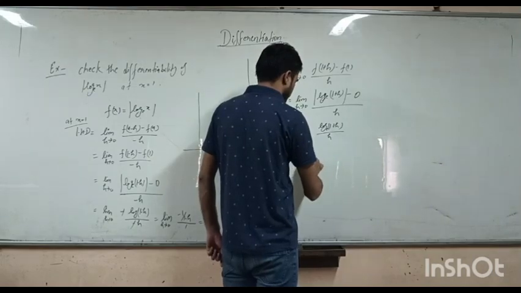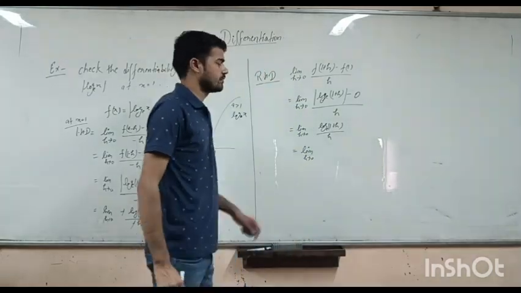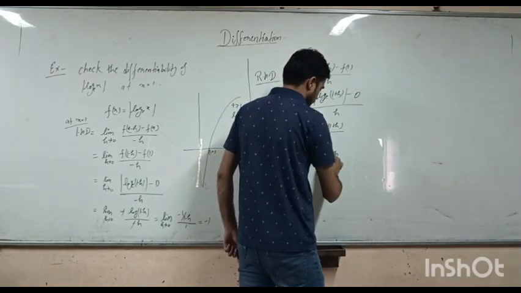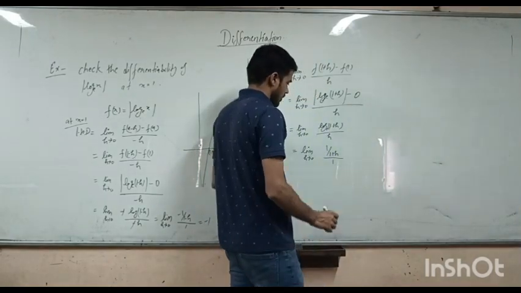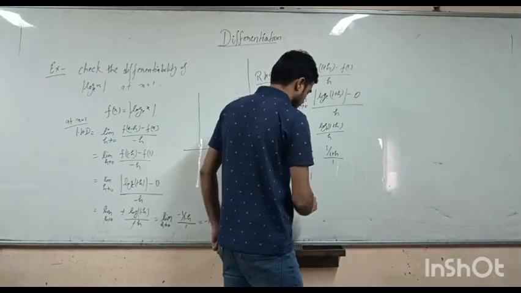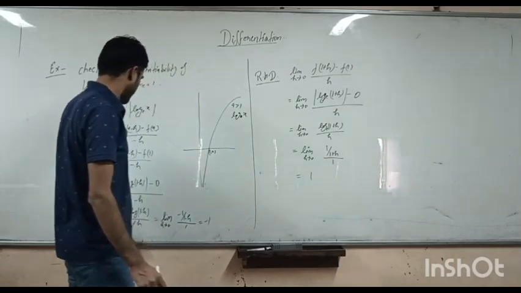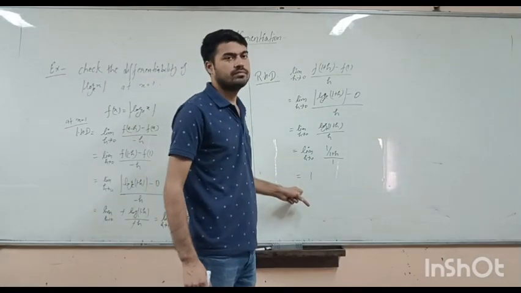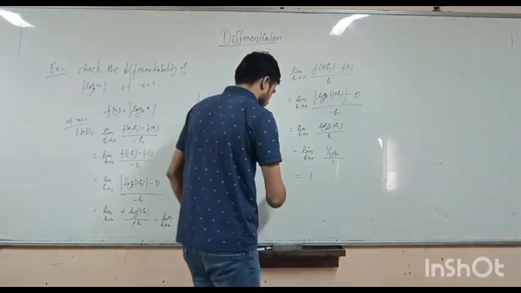We have learned that in the chapter of limit. We will just use L'Hospital rule and replace the value of h equal to 0. So this is 1. So from here we can say left hand derivative is minus 1 and right hand derivative is 1. That means the function is not differentiable.